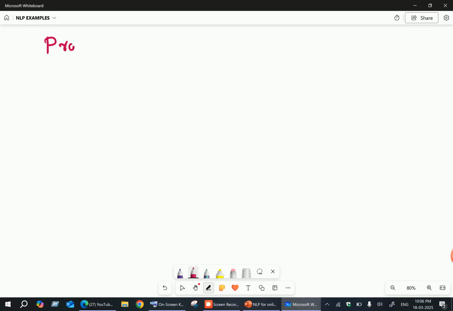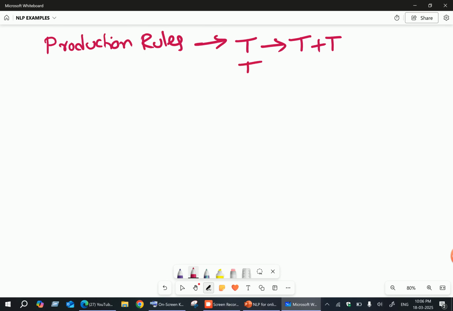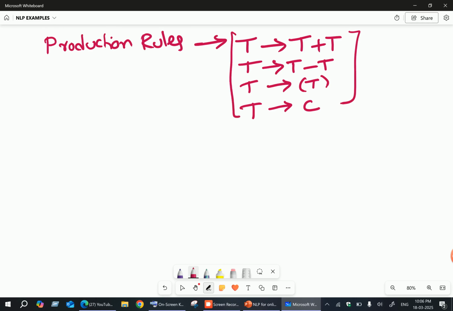The production rules are a very simple, universal example: T tends to T plus T, T tends to T minus T, T tends to parenthesis open T, and T tends to C. So this is our given grammar production rules.